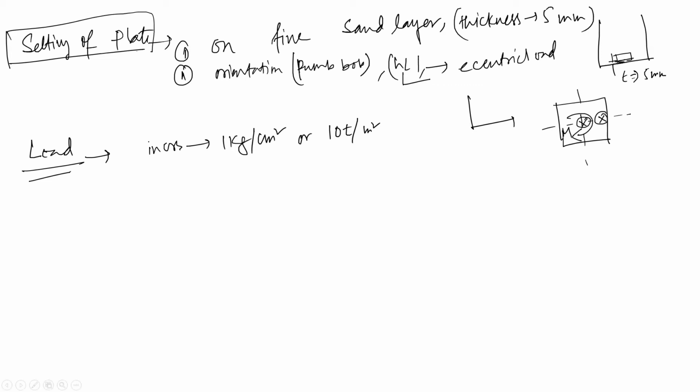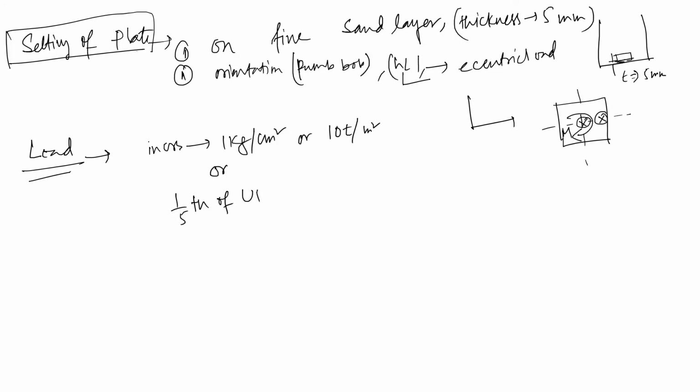Or 1/5 of ultimate bearing capacity. Suppose your ultimate bearing capacity is say 100 ton. That means 1/5 is your 20 ton.